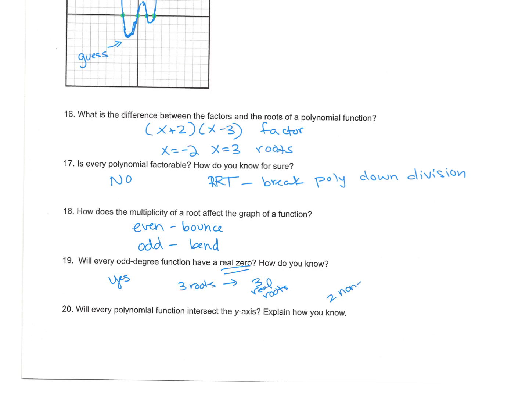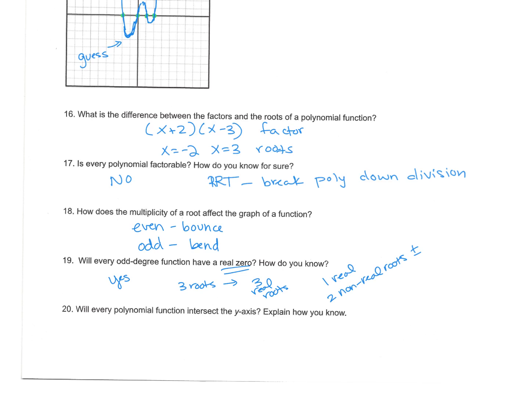So you would have 2 non-real roots because when you have non-real roots, there's always a plus minus. So there's always 2 of them. And so then you would have to have 1 real root to get your 3 total. Same thing happens if you have 5 roots or 7 roots or 9 roots. You're always going to have 1 real root because your non-real roots have to come in pairs.